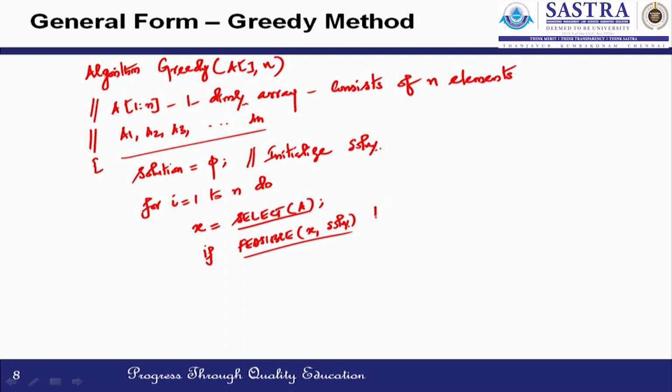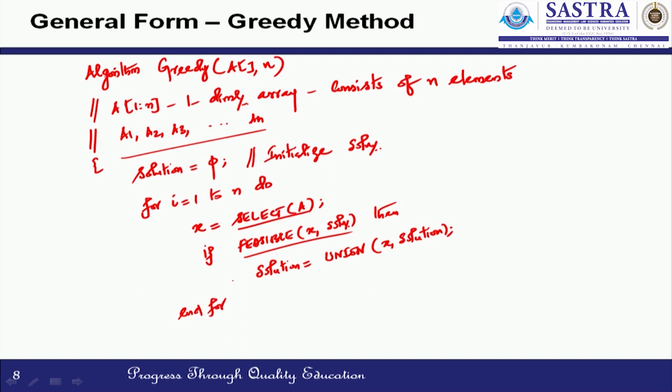If x is a feasible solution, then solution is equal to union of x comma solution. If closes here, for closes here, end for.